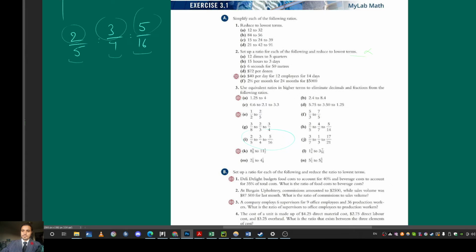Well, we can find an LCM, or lowest common multiple. So 5, 4, 16. Well, 4 times 1 is 4 and 4 times 4 is 16. The 5 will just come down as it is. 5 times 4 is 20, and 20 times 4 is 80.